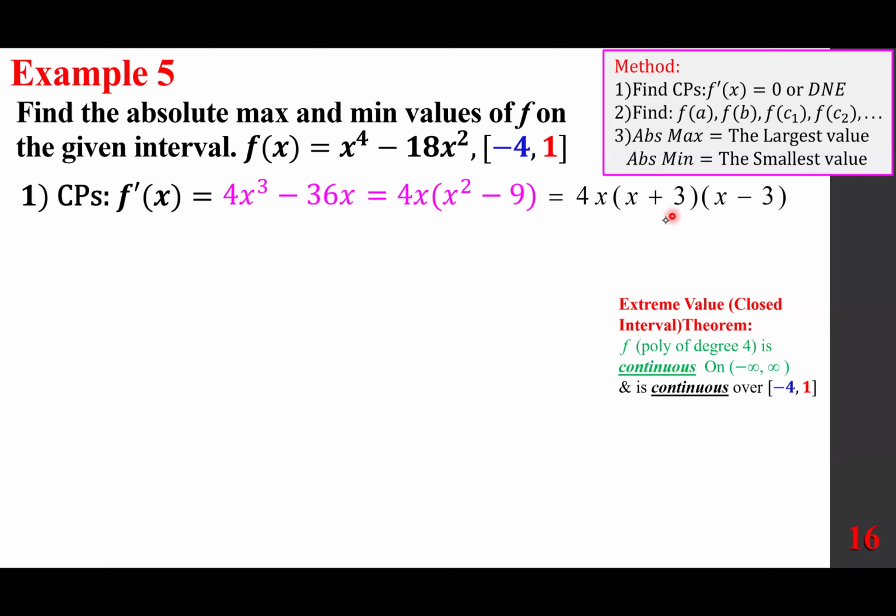Now, are they equal to 0? Well, set this equal to 0. What do you get? x is 0, x is negative 3, x is positive 3. So we get 3 solutions, everybody.